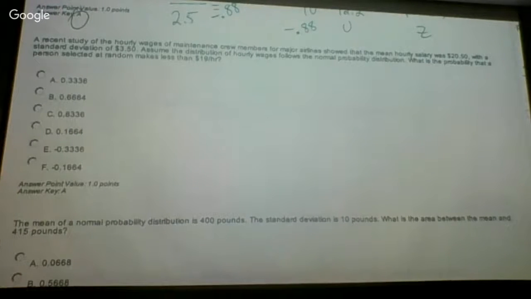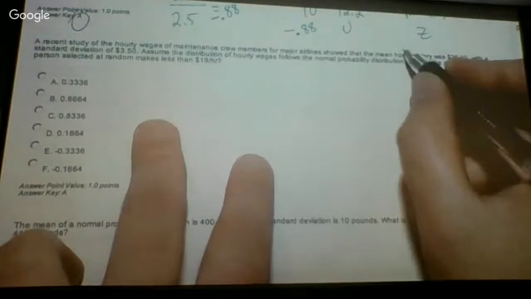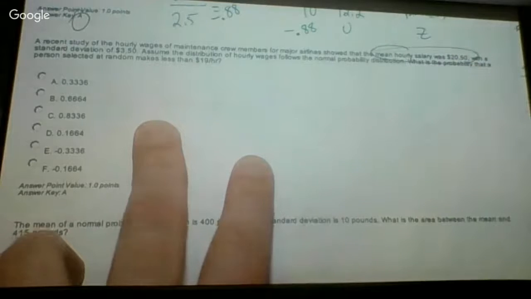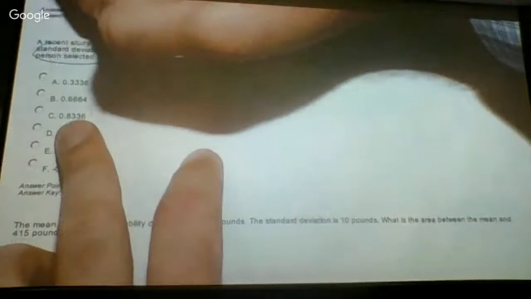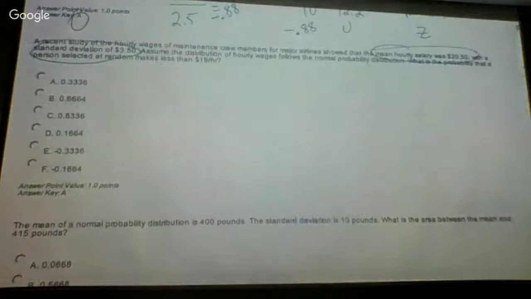There are 3 key pieces of information here. We say that the mean hourly salary is 20.5. We say that the standard deviation is 3.5. Do I have anything in here that indicates the shape of this distribution? Normal distribution. Do you see that up there?